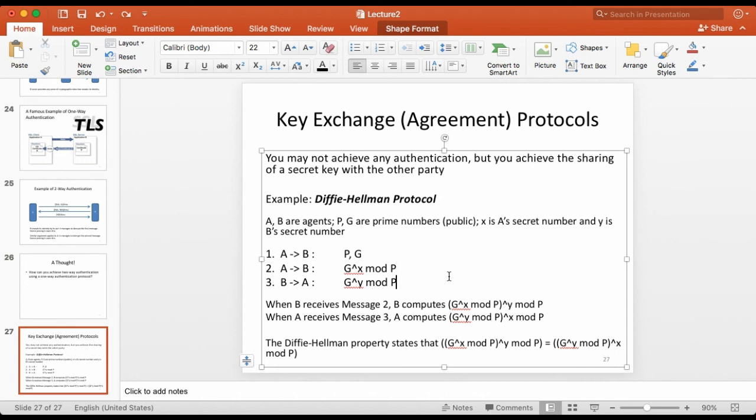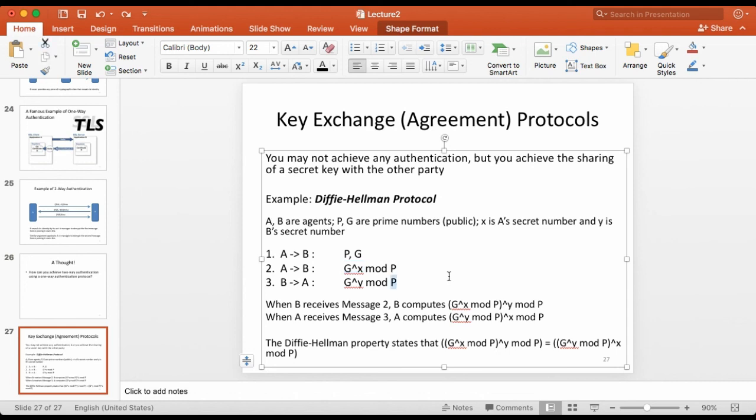Now, when Bob receives this, it's going to do something internally, which I will describe next. But at the end of it, it will also send its own computation, which is basically G raised to the power of Y modulus P.